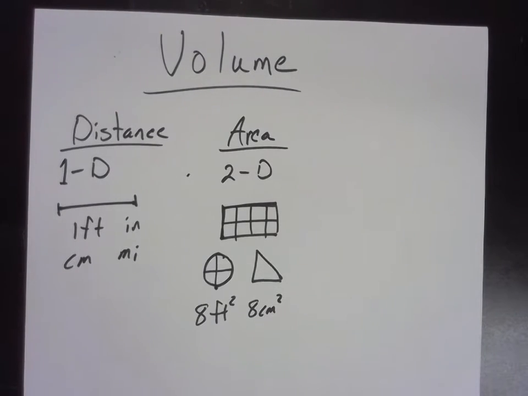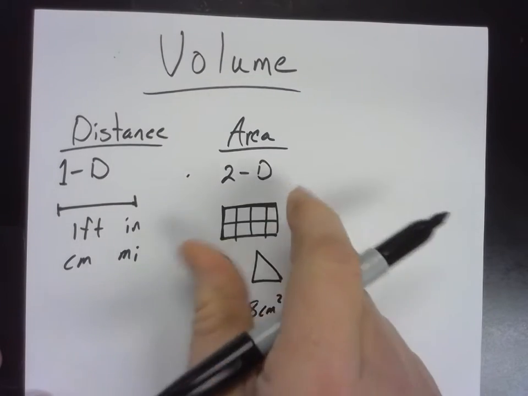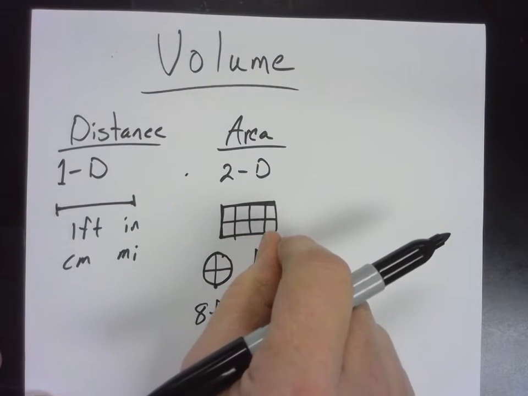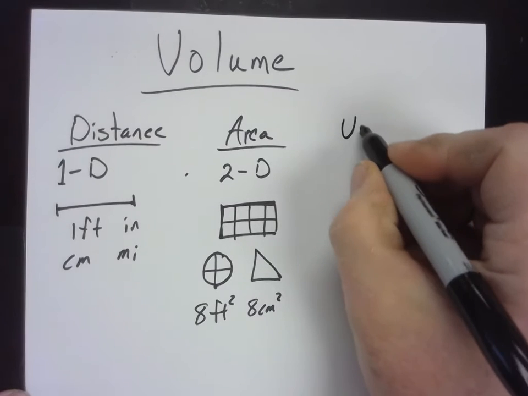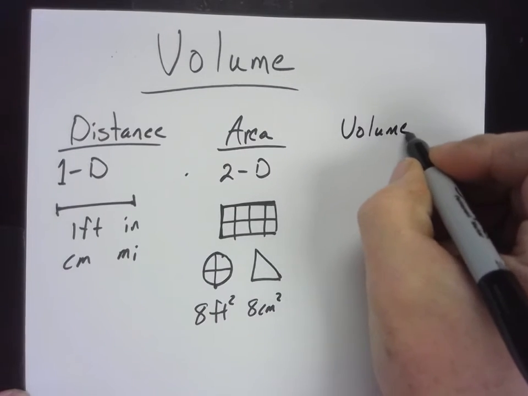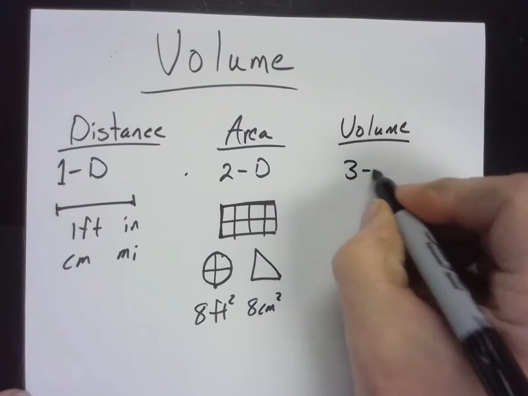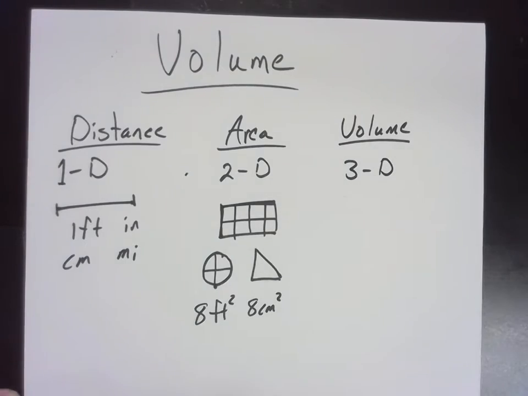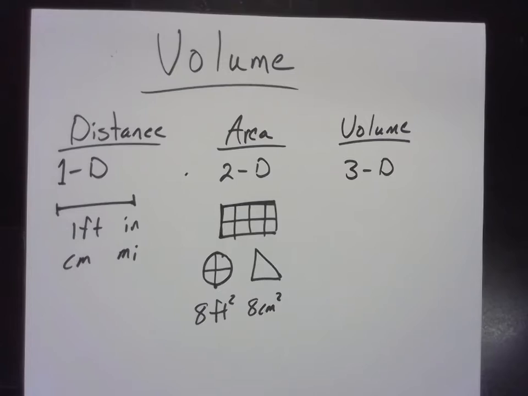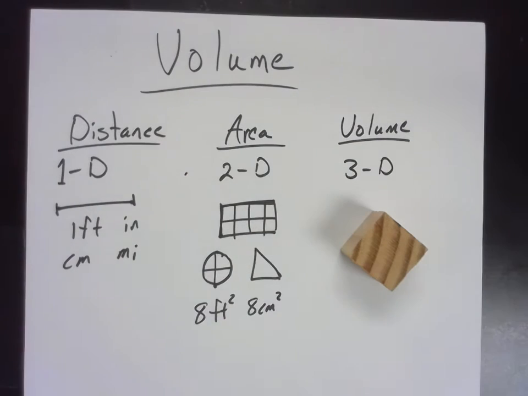Again, we can't pick them up, can we? You can't grab something that's two-dimensional, can you? But now when we talk about volume, we're into the three-dimensional phase. There, 3 dimensions.